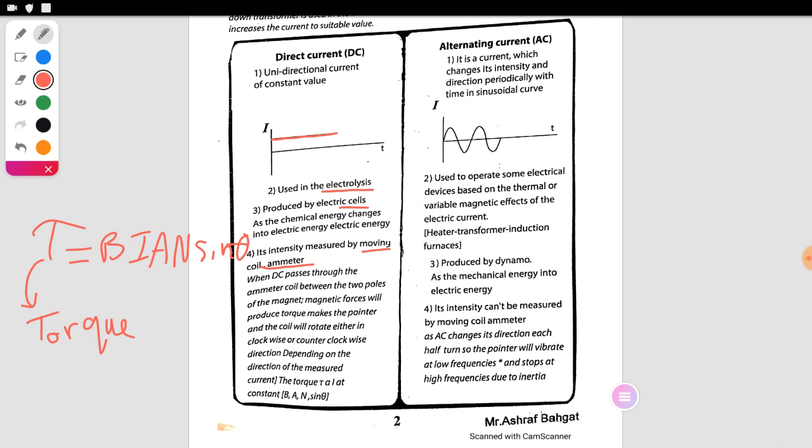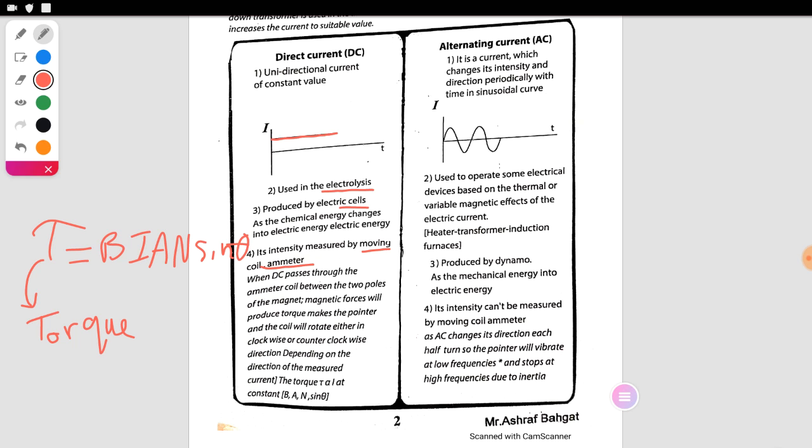The torque depends on the current intensity. Why? Because the magnetic flux density is constant, the cross-section area is constant, the number of turns of the coil is constant, and the angle is constant, because of the concave shape which makes the torque always constant.